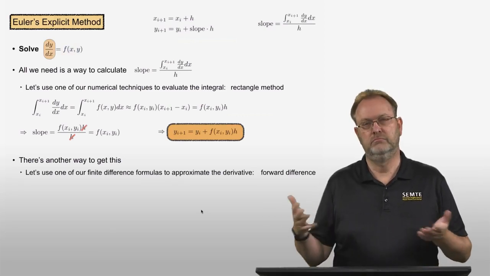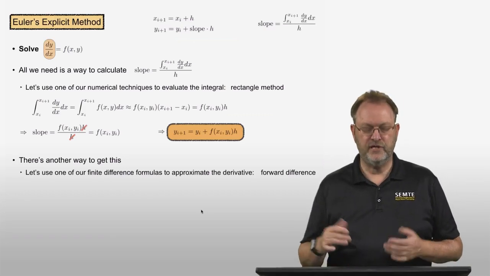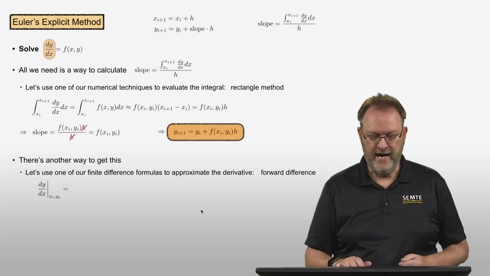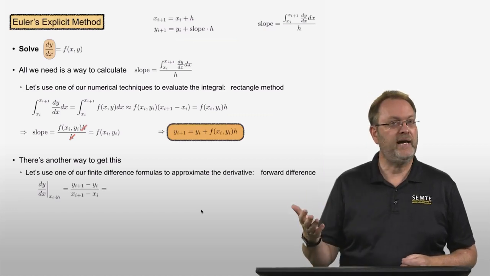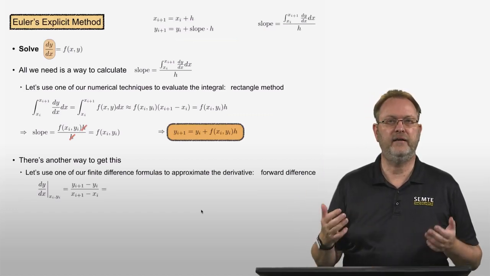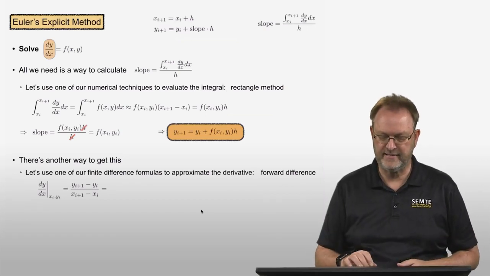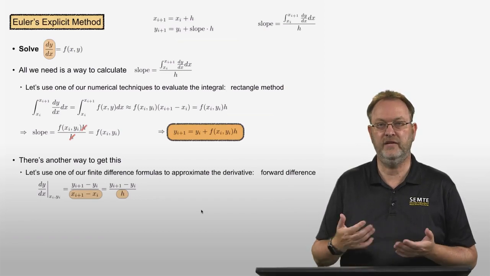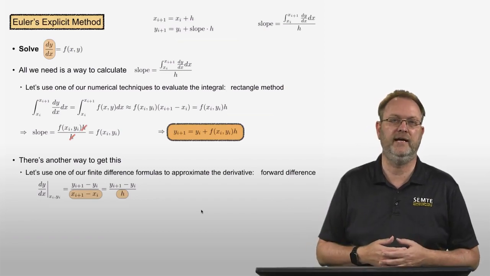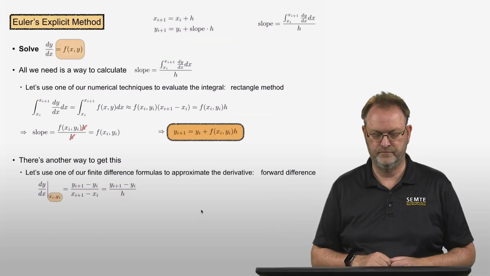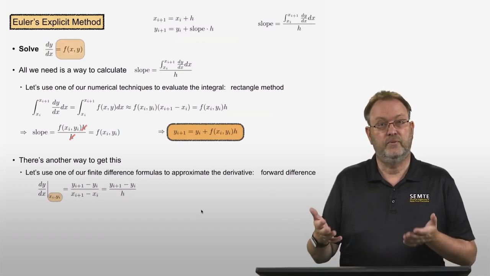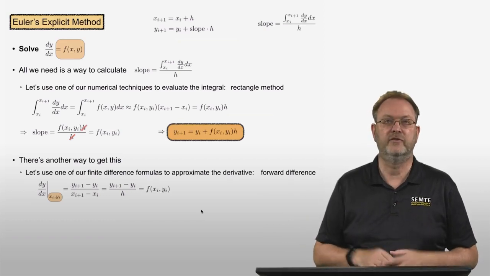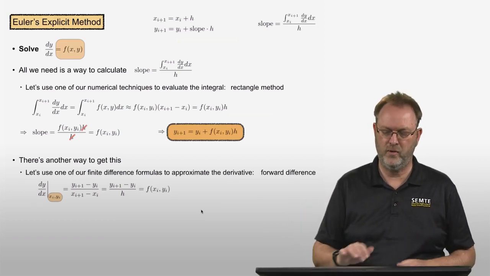So if I approximate dy/dx using forward differences, dy/dx at x_i y_i would be equal to y_i plus 1 minus y_i divided by x_i plus 1 minus x_i. And that, since x_i plus 1 minus x_i is equal to h, is simply y_i plus 1 minus y_i divided by h. And that is equal to the right-hand side evaluated at x_i y_i, so f at x_i y_i.